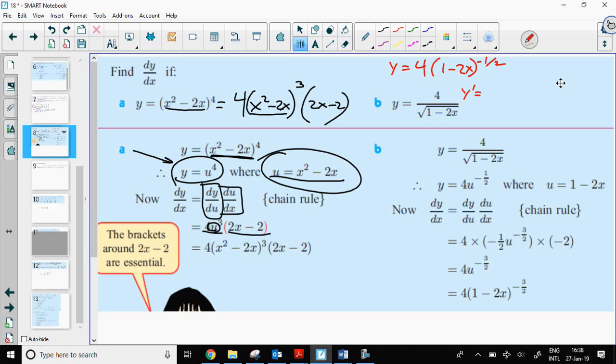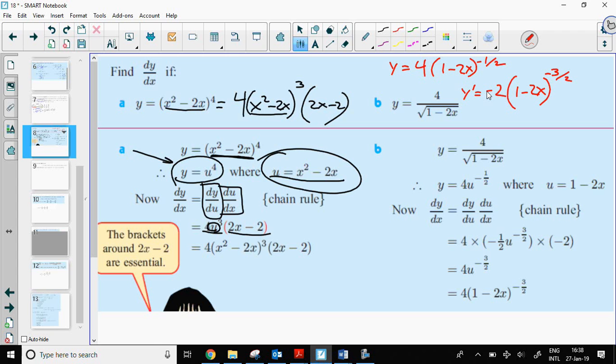And now, my first step is going to be to multiply 4 by negative 1/2. So I've got negative 2 multiplied by the inside to the power of negative 3 over 2. That's the derivative of the outside evaluated at the inside.